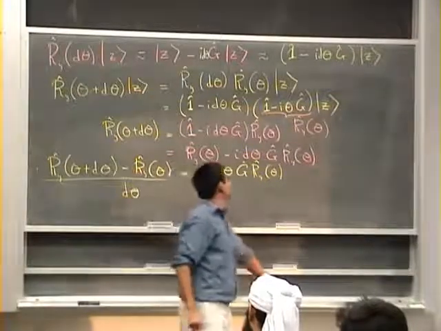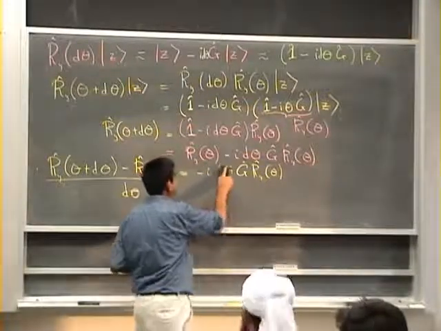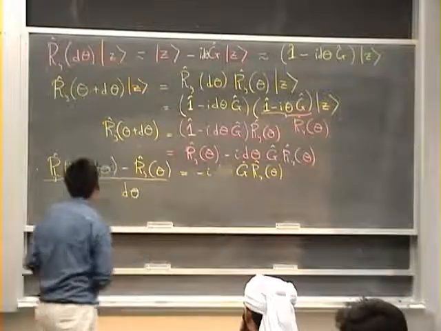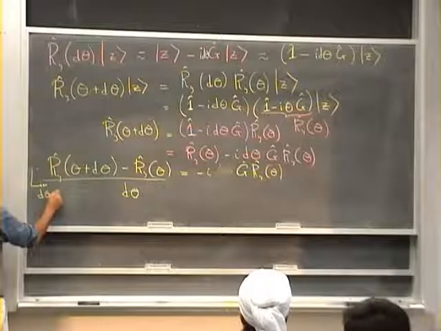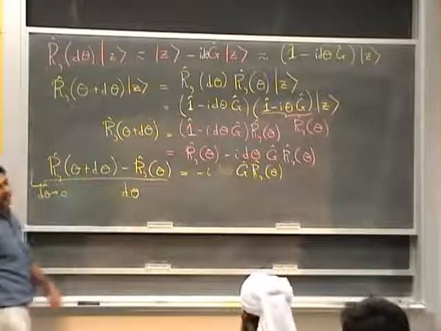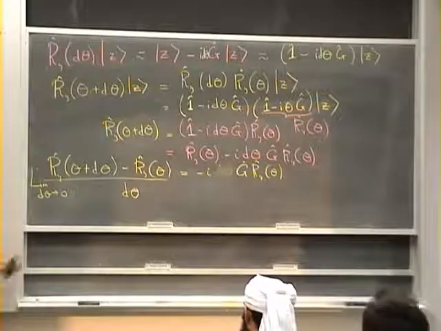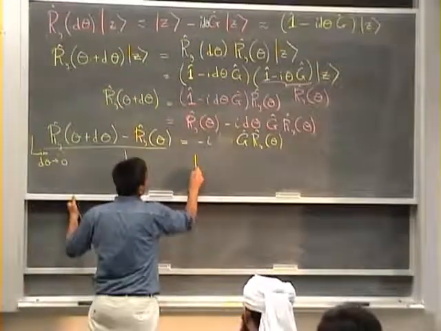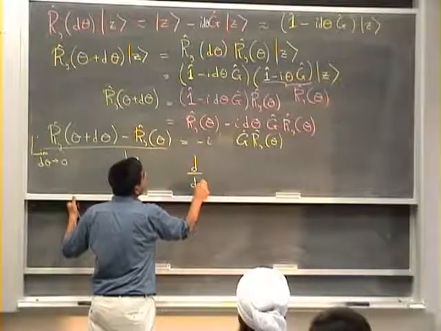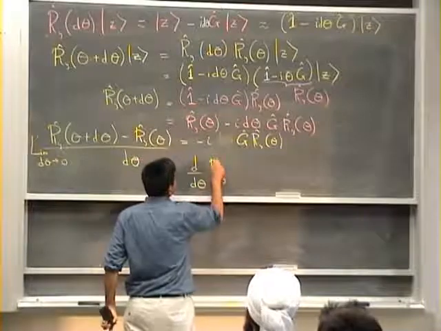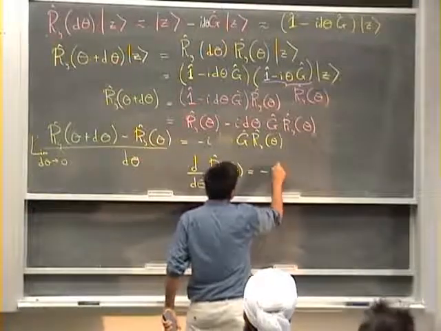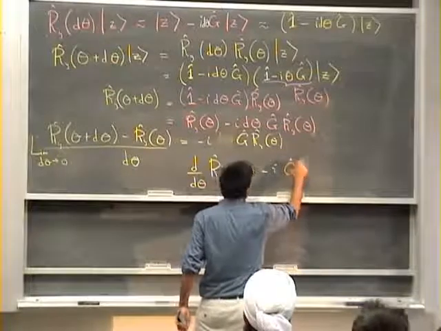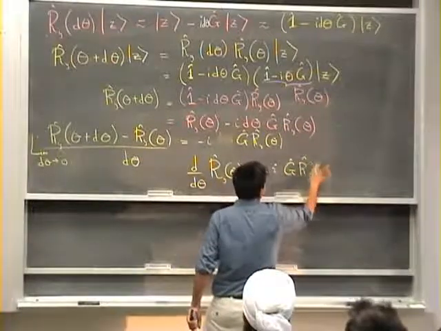This d theta vanishes from here. I take the limit that d theta is very small. This just becomes a derivative. Now when this becomes a derivative, I have d by d theta of the rotation operator through theta equals minus iota G times R_y(theta).